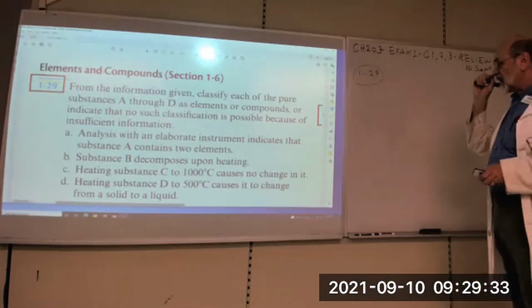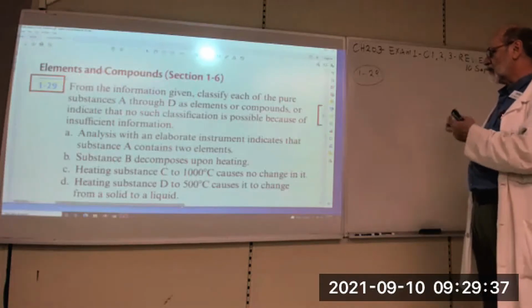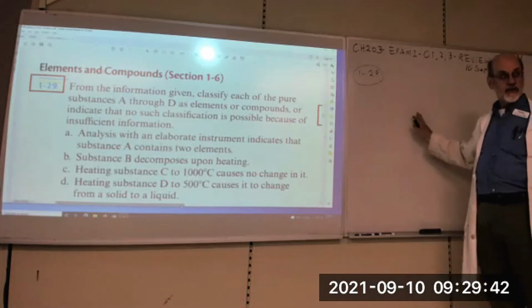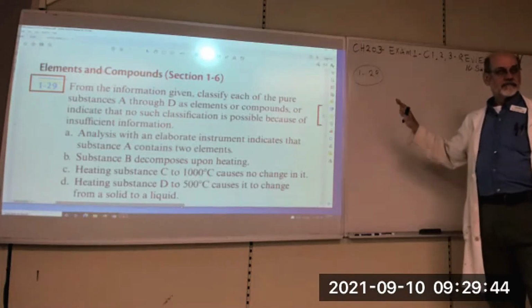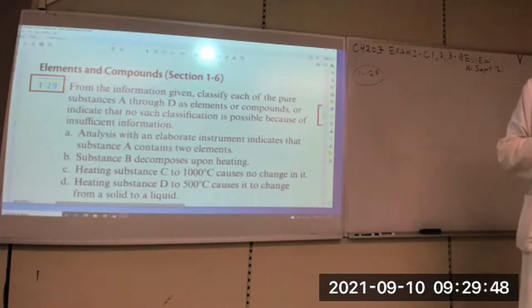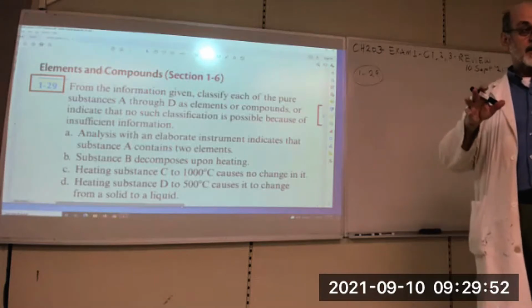All right, from the information given, classify each of the pure substances A through D as elements or compounds. I didn't make that point earlier, but compounds can be pure substances too, because they retain their identity and nothing else, as long as it's not in a mixture.